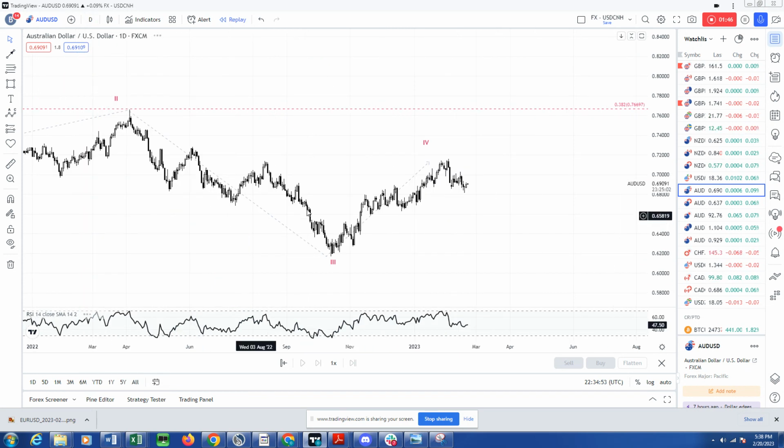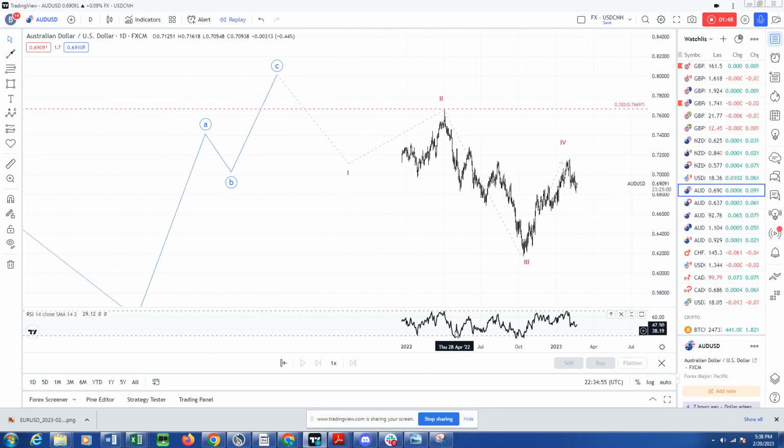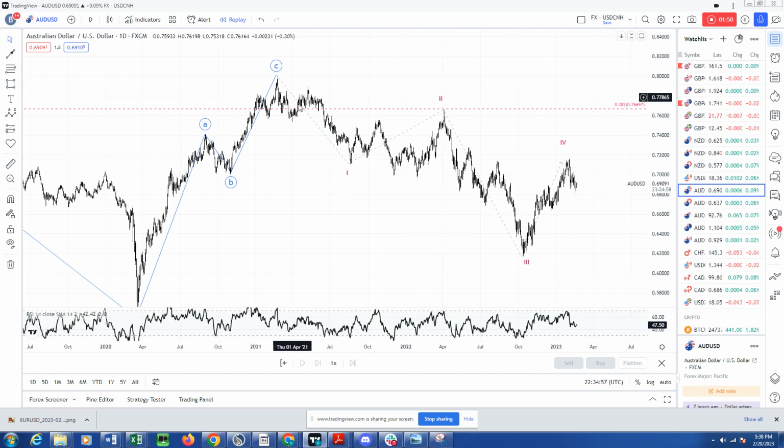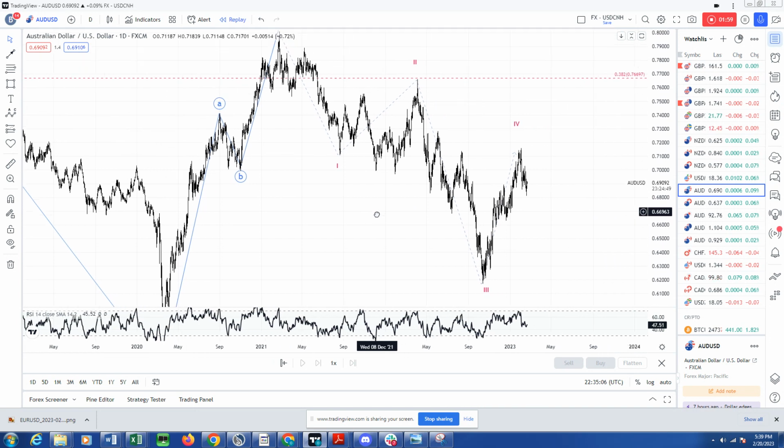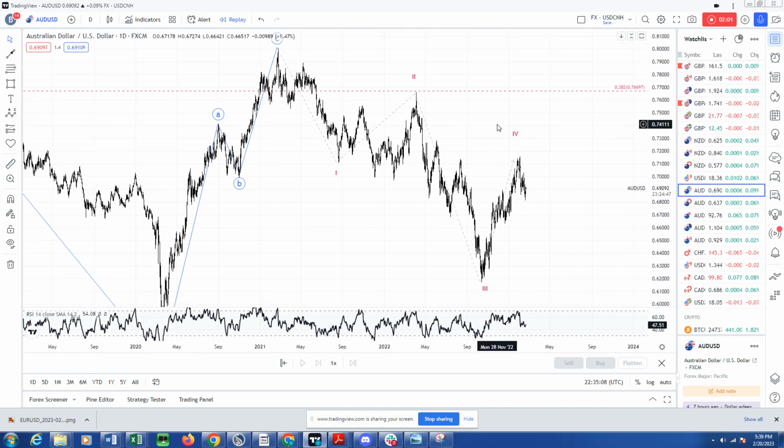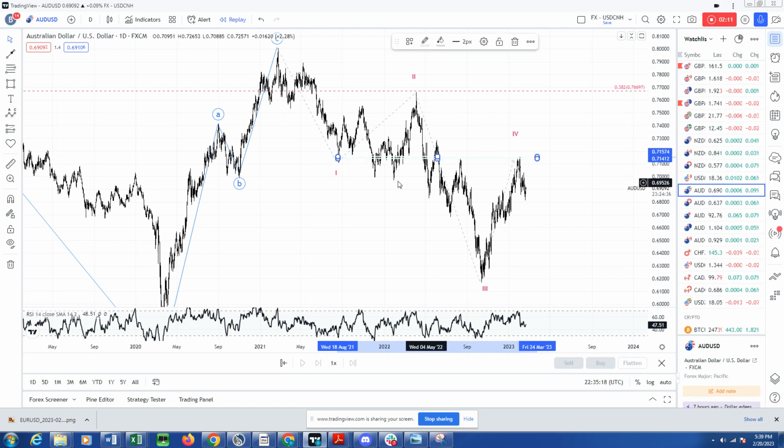Move a little closer on the daily. So now we're focusing on this time frame, right? And the reason I like this time frame is because it follows all the rules kind of well, right? Wave 4 and wave 1 did not intersect, right? It came close, but it stopped right there.